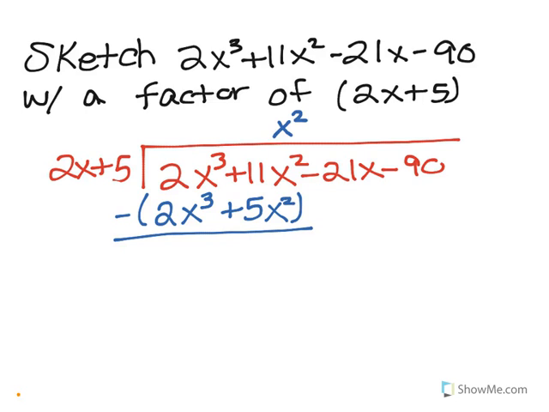Alright, so my first terms cancel out, and then 11x squared minus 5x squared is going to be 6x squared. And then we bring down this minus 21x. Again, first term in my new dividend and my divisor, and I'm going to get 3x.